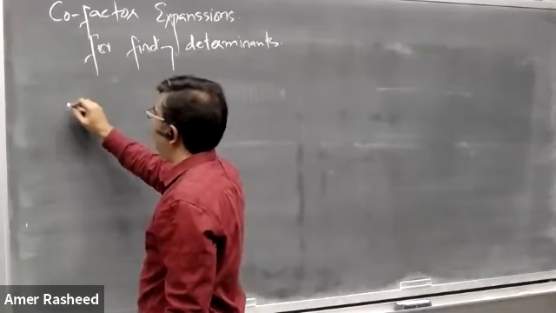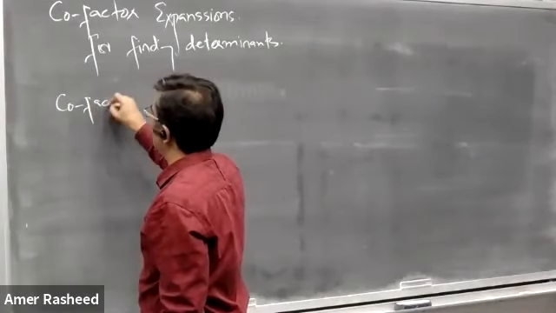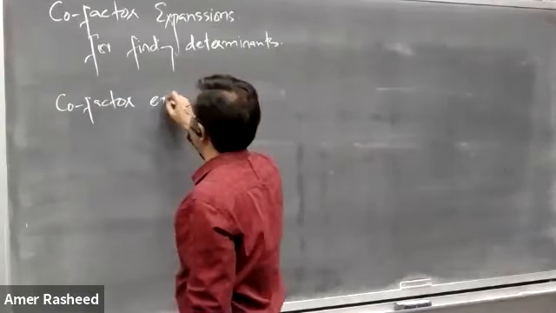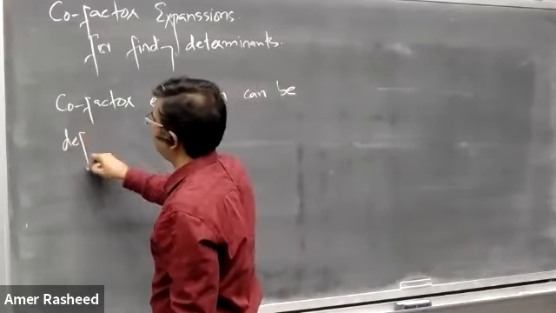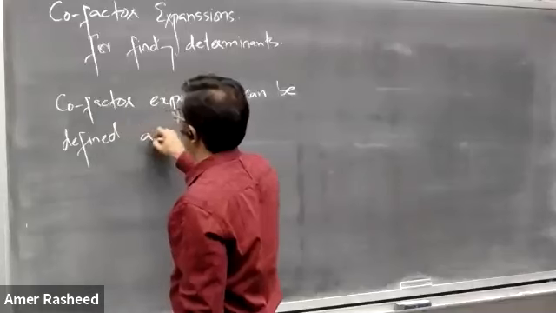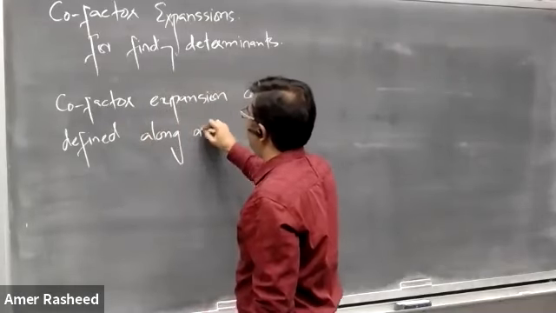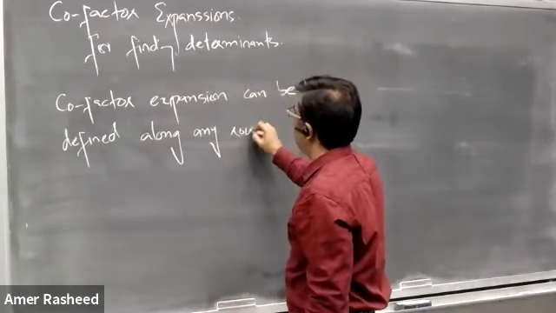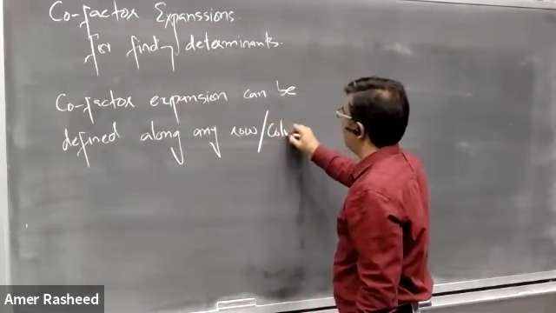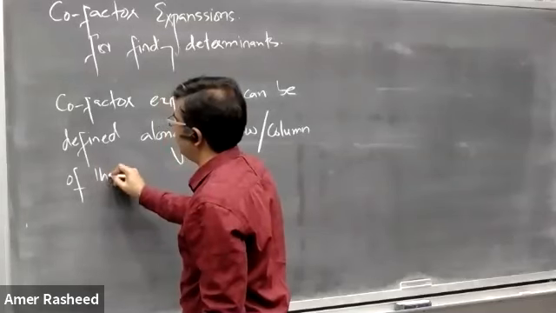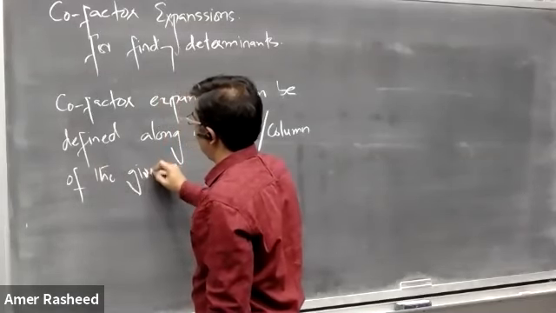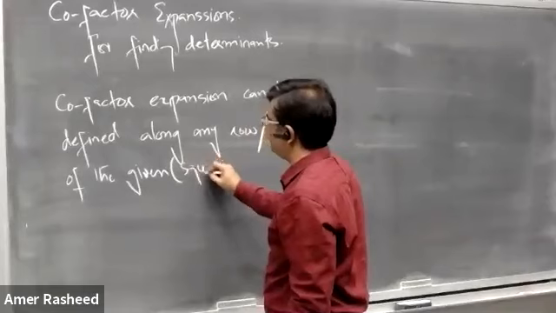Cofactor expansions can be defined along any row or column of the given square matrix, in fact.